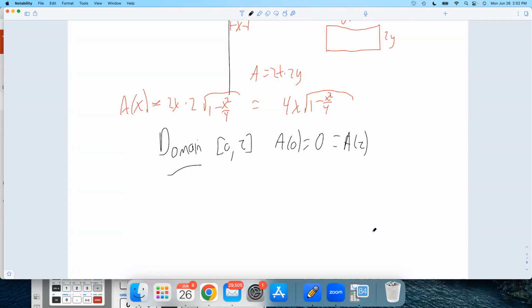I know not all rectangles are 0, so that can't possibly be the maximum. The maximum has to occur someplace between 0 and 2, and those maxima will occur at critical points. So I've got to find either places where the derivative doesn't exist or equals 0.